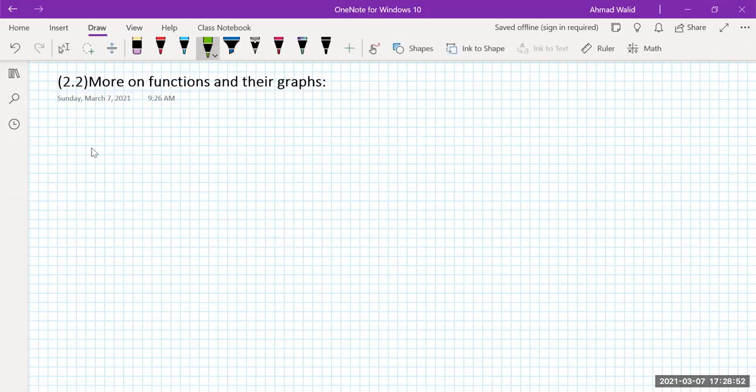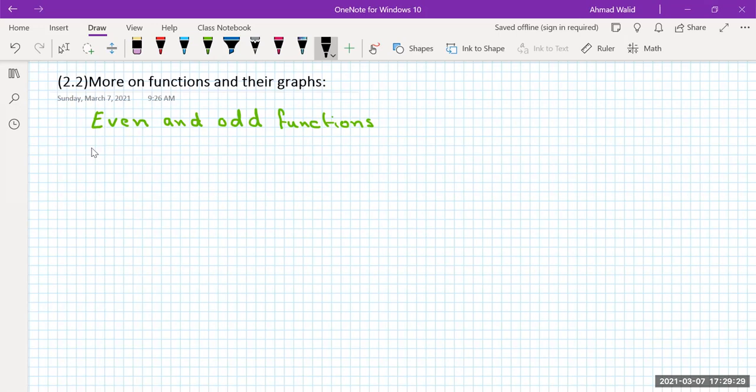Let's talk about even and odd functions. How to know, if they give you a function, how you should know if your function is even or odd.